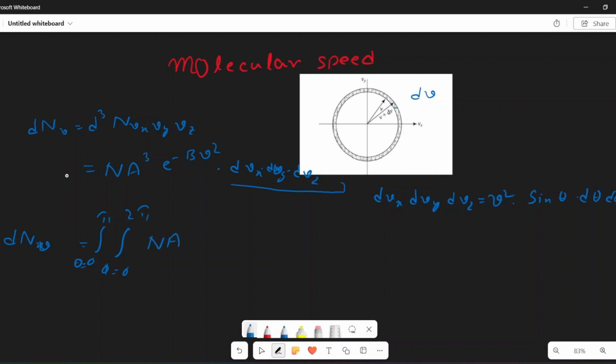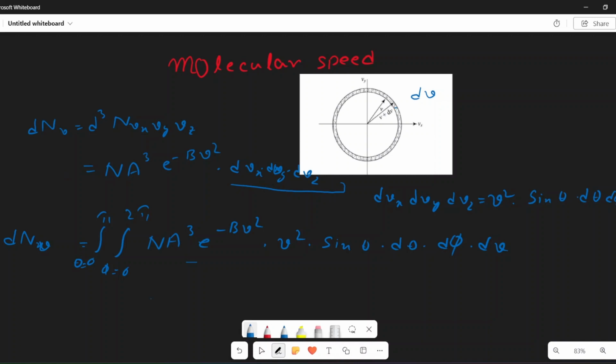The rest of the things are the same: e to the power minus b v squared, and now these terms we have found, v squared sine theta d theta d phi dv. Look at this term here. These terms are constant, and v is also constant, because we are considering only these two parameters, theta and phi.